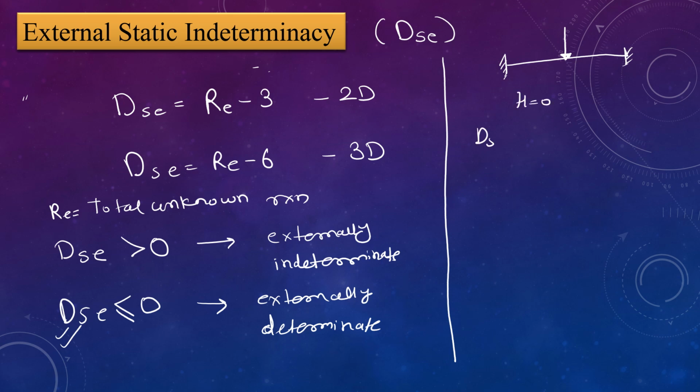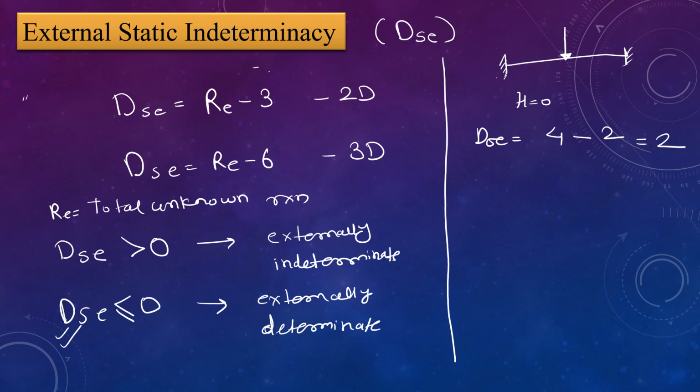So you can take the value of DSE by replacing this 3 with 2, because only 2 equilibrium conditions are required here. If you calculate by this formula then you get the same value, but when there is a point load, you take 2 as the number of equilibrium equations, and you neglect the horizontal reaction, so 2 from this side, 2 from this side, so you get 4. So this is equal to 2.